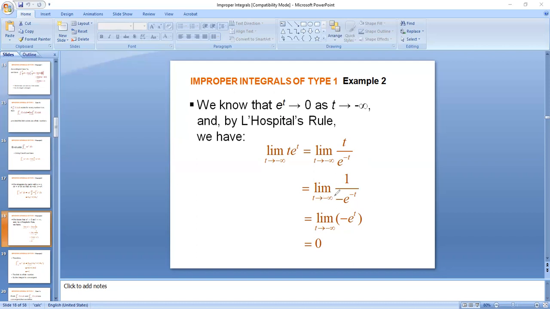Now, if you substitute the same value in which t approaches negative infinity, you will have here 1 over negative e raised to negative, that would be positive, and this is 1 over e raised to infinity, which is infinity. And 1 over infinity or 1 over negative infinity is still 0.